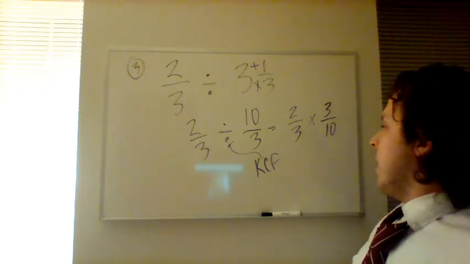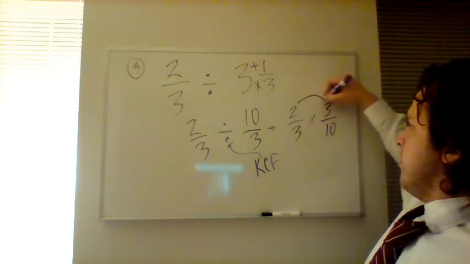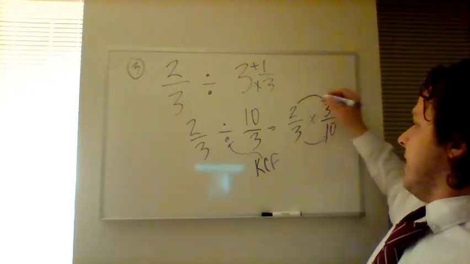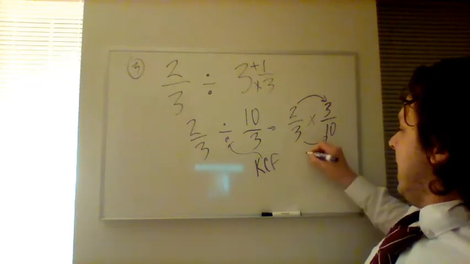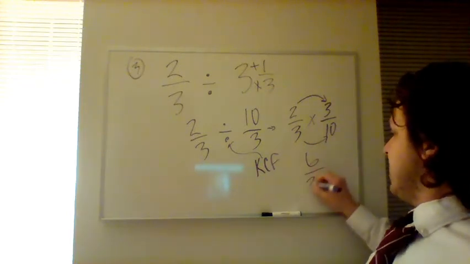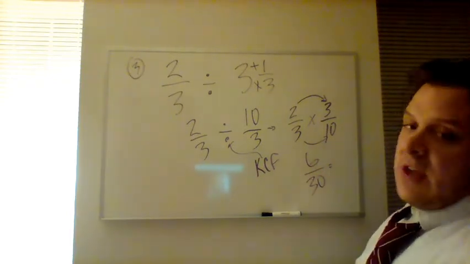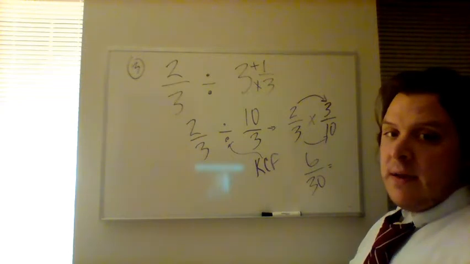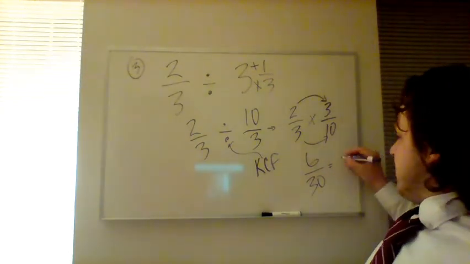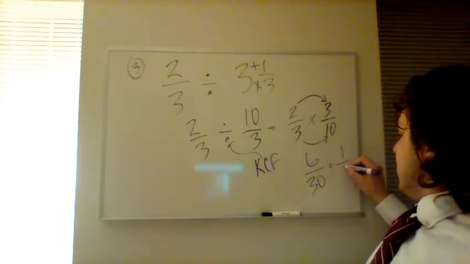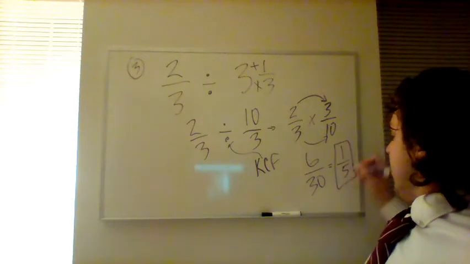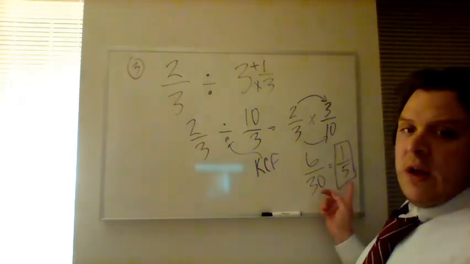That's the reciprocal, okay? So 2 times 3 and 3 times 10. 2 times 3 is 6, and 3 times 10 is 30. Both of these numbers can be divided by 6. 6 divided by 6 is 1, and 30 divided by 6 is 5. It looks like our final answer here is 1/5.